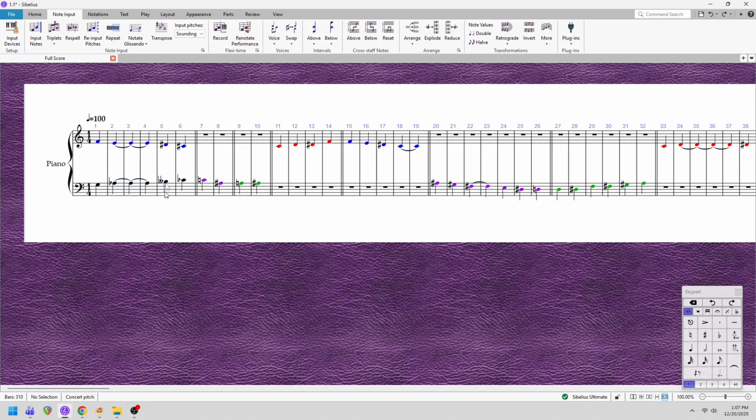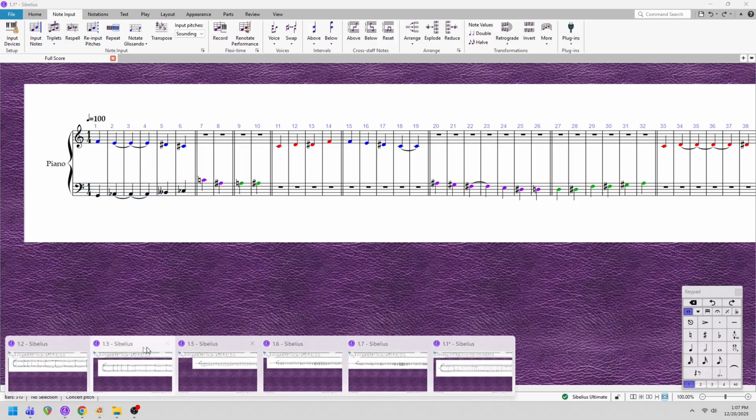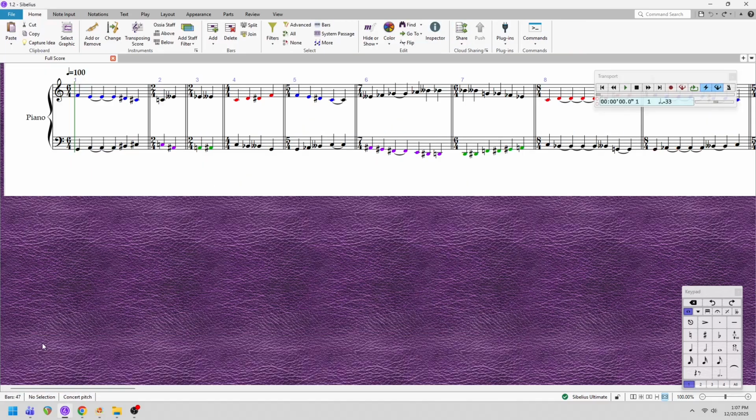I'm not sure why. I think I wanted to move the entire bass clef down. So I ended up doing something like that, but yeah, essentially, this is the result of it.